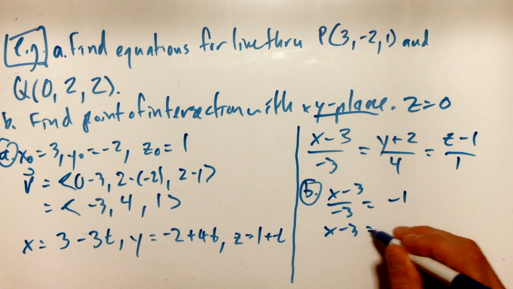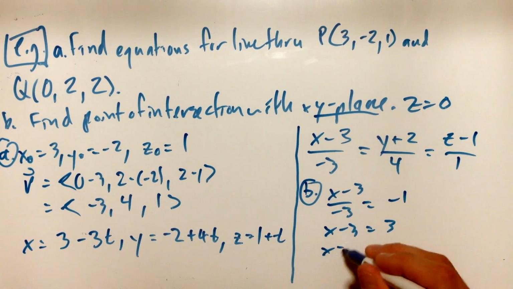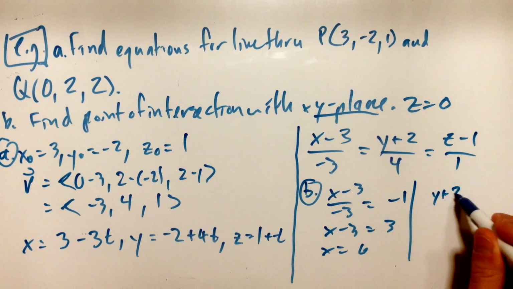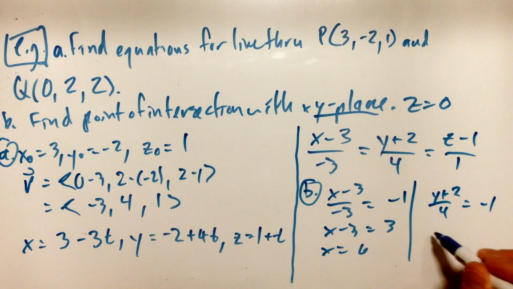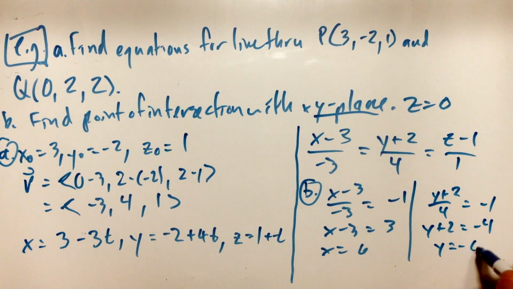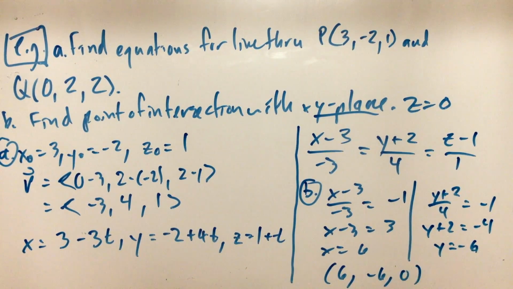So x minus 3 is equal to 3, and x is equal to 6. And for y, I have (y plus 2) over 4 is equal to -1. So y plus 2 is equal to -4, or y is equal to -6. So this tells me that the point of intersection with the xy plane is (6, -6, 0).